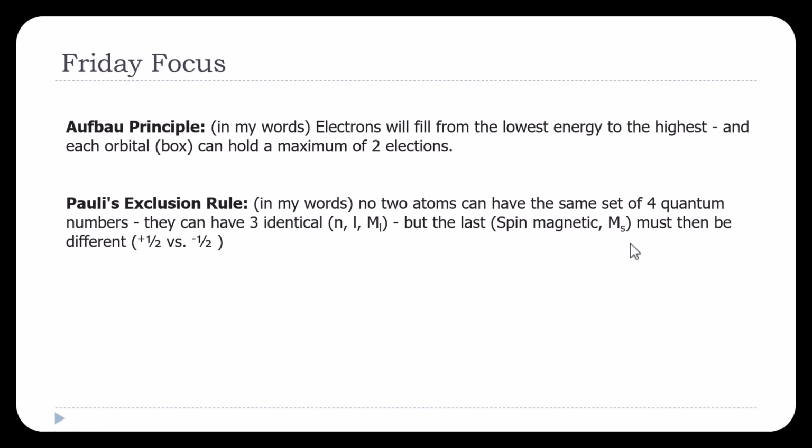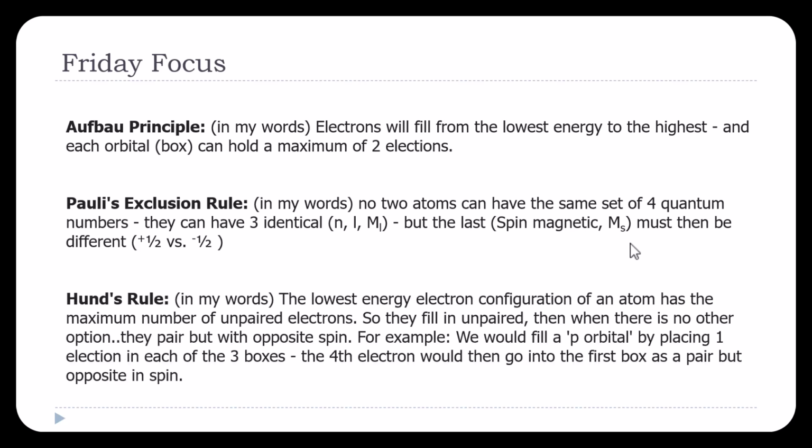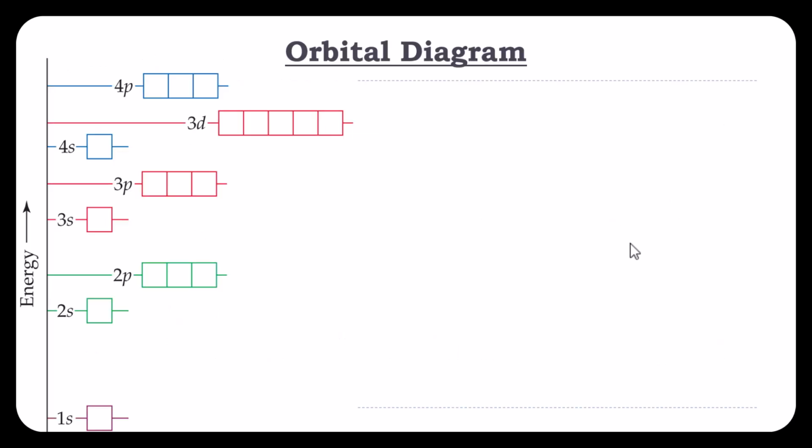And then the last one is Hund's rule. This is the one that I saw you guys struggle with the most on your lab, so I want to make sure we really hit this one. Hund's rule says it is lower in energy if an atom has a maximum number of unpaired electrons. Again, I'm going to use the orbital diagram to illustrate this, as we're filling up this 2p orbital.